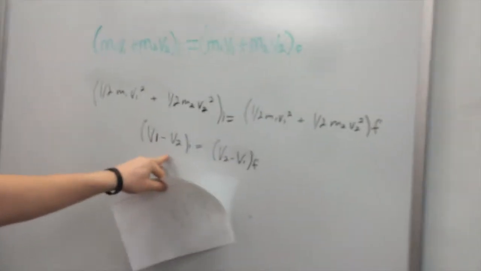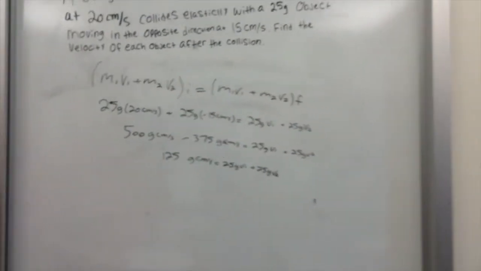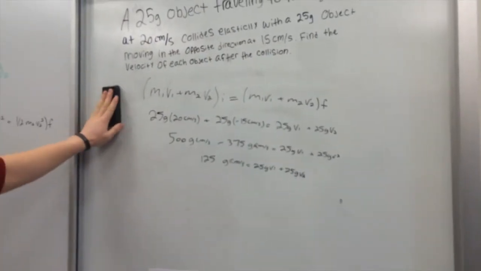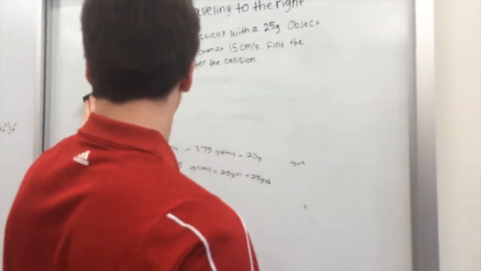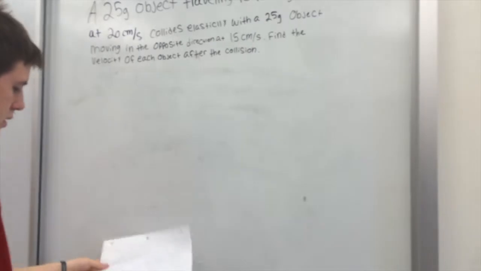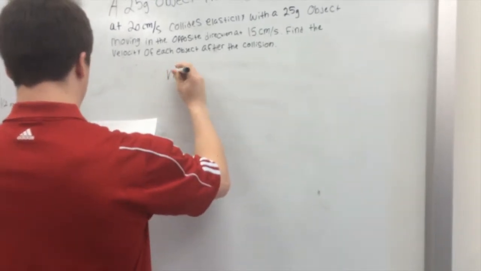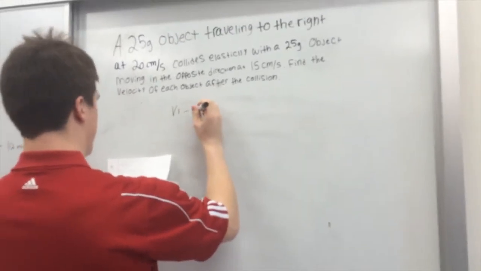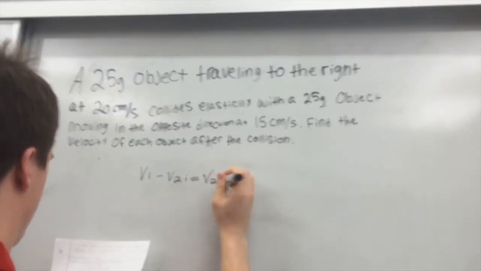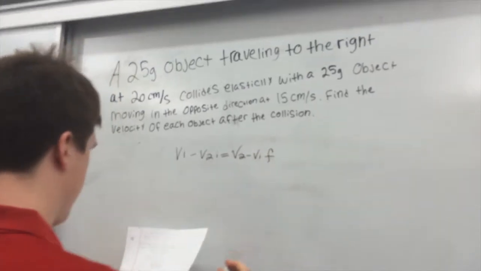V1 minus V2 equals V2 minus V1 final. I'm going to erase some of this right here, so get one last good look at it. So V1 minus V2 was V2 final.